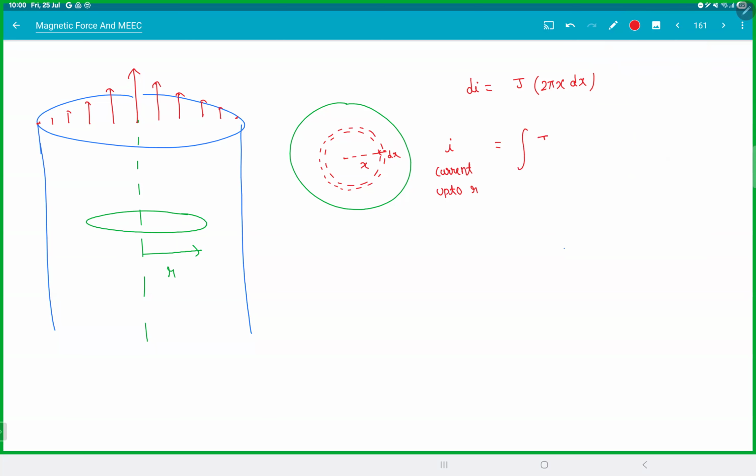will be the integral of J naught 2 pi (1 minus x by R) x dx, that is x dx minus x square dx by R. This will go from 0 to r. This will be 2 pi J naught (r square by 2 minus r cube by 3R). I hope everyone got this. This is the current up to small r.